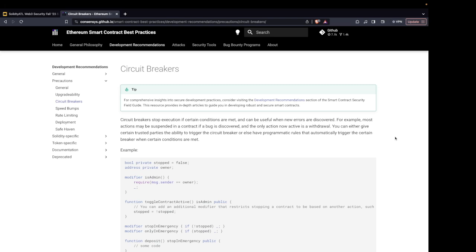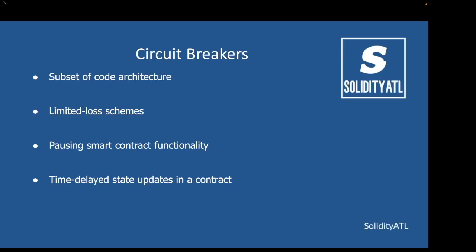I would also recommend this resource in general because you can see there are a lot of other patterns that they write about and talk about the pros and cons of. So the circuit breaker is one common pattern that's used to minimize the risk of all funds being lost in the event of a hack.